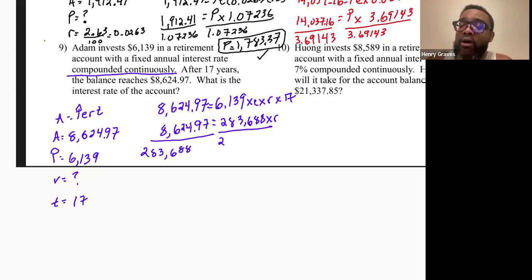So let's see what R gives us. 8,624.97 divided by 283,688. And that is literally 0.03043. Now, if I multiply that by 100, that means my final answer is going to be 3.0403%.